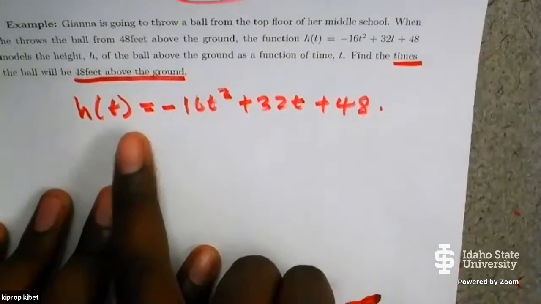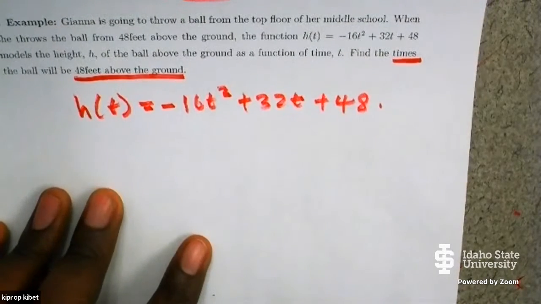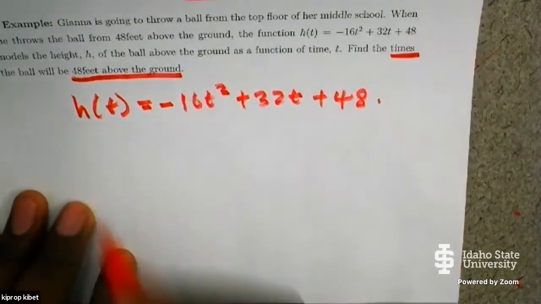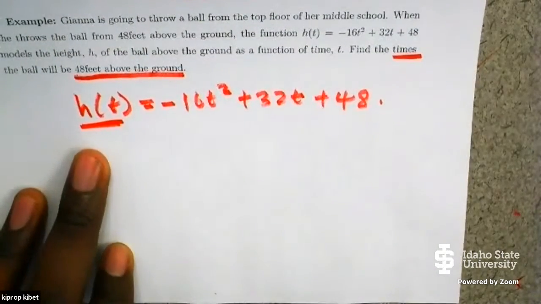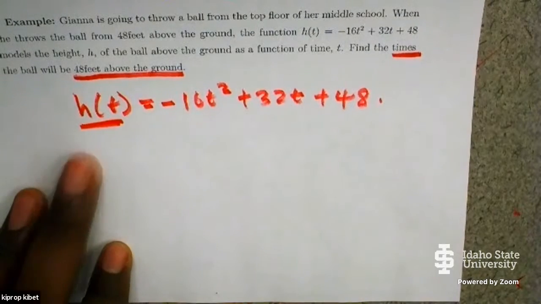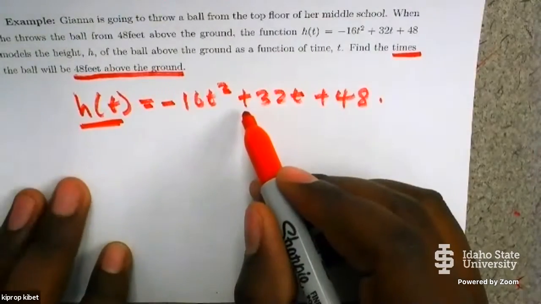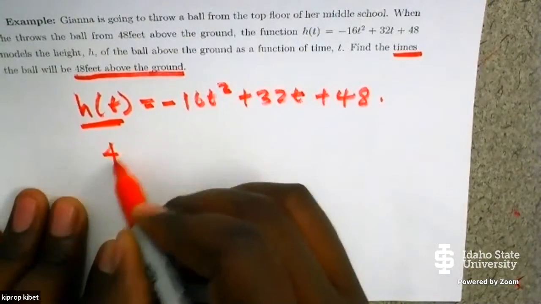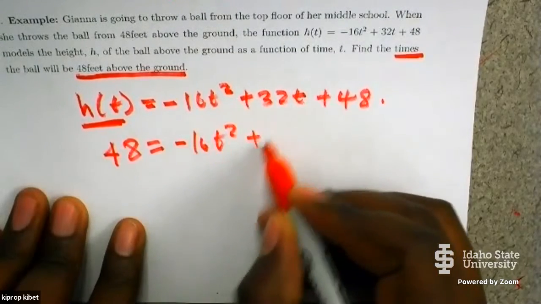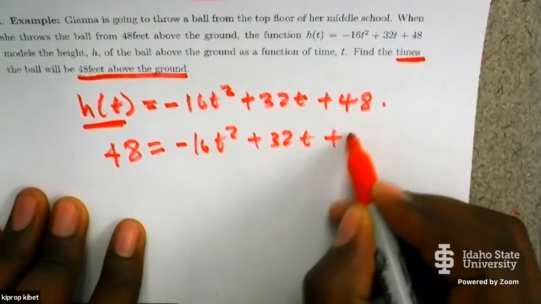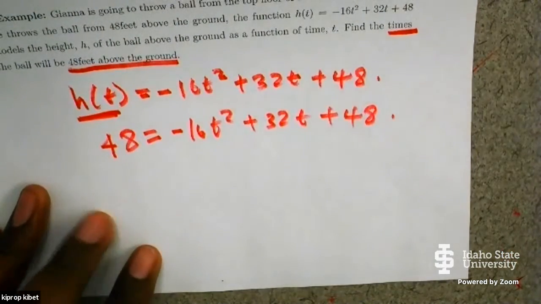Find the time the ball will be 48 feet above the ground. So this is the height, and this height is a function of t. Now at 48 feet, what will be the time? So therefore, it will be 48 equals minus 16t squared plus 32t plus 48.